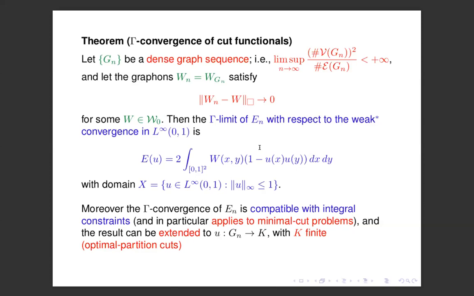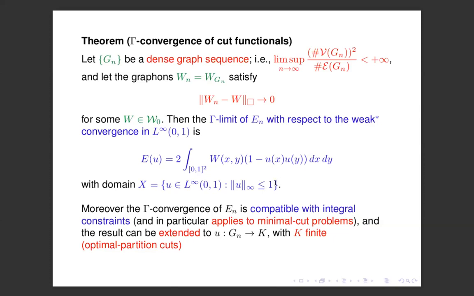And the limit energy is this kind of double integral, so it's a non-local energy with W as a coefficient, and then you have something which depends on the limit function. But the limit functions now don't take just the value 1 or -1, but they take all the values between -1 and 1.